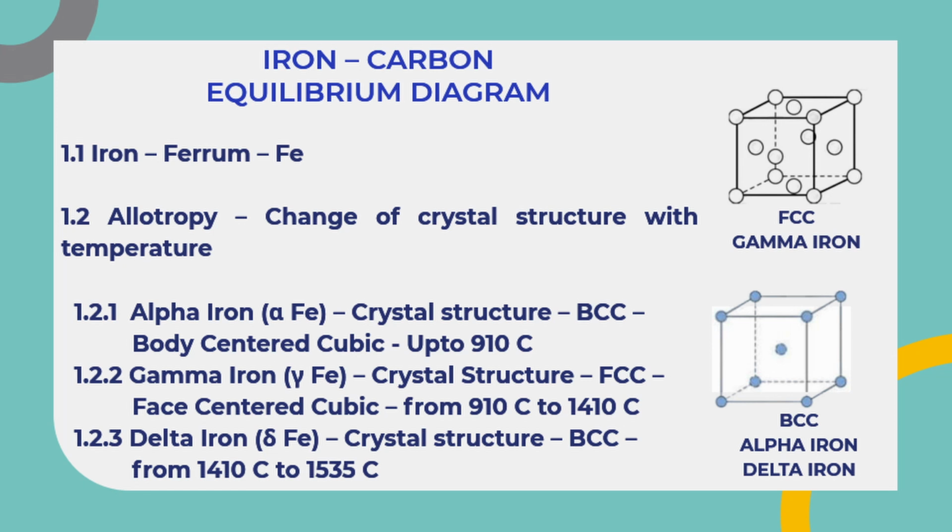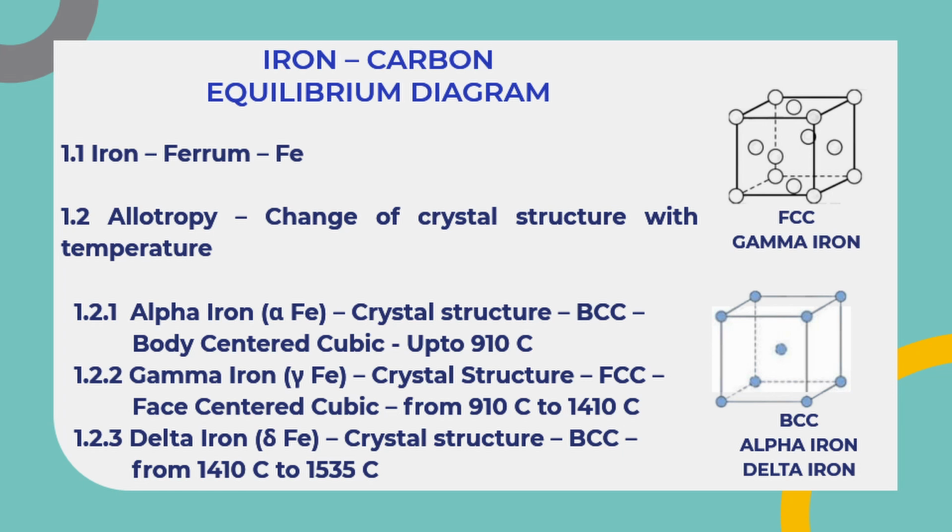Therefore, from 910 degrees centigrade up to 1410 degrees centigrade, the crystal structure remains FCC. This phase of iron is called gamma iron. Above 1410 degrees centigrade, the crystal structure of iron changes to BCC again, that is body centered cubic.